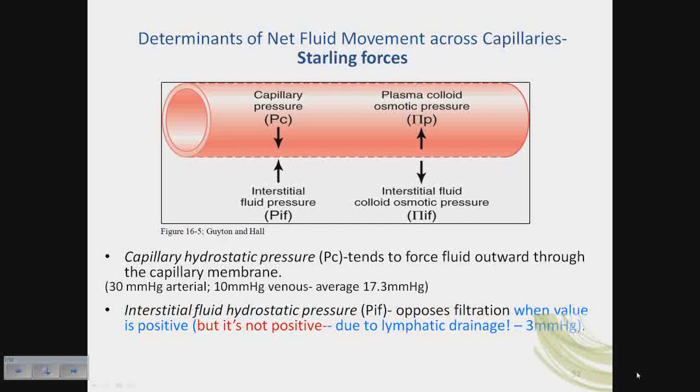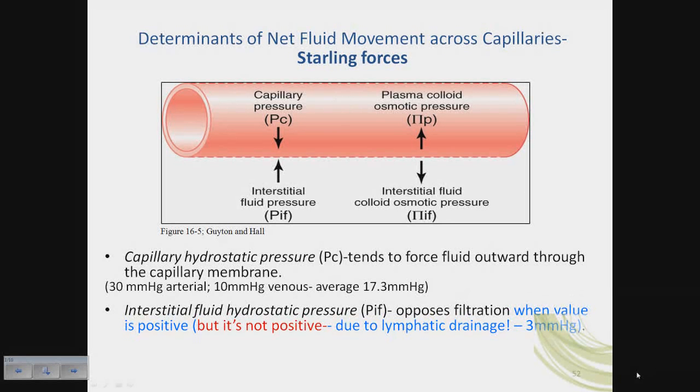Now, interstitial fluid pressure, we would predict, would oppose this movement of fluid from the capillary hydrostatic pressure. We would predict that interstitial fluid pressure would push internal into the lumen of the capillary bed. Now, we would predict this pressure to be a positive pressure, meaning pushing inward.